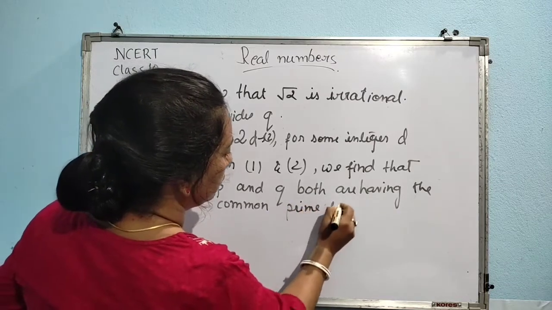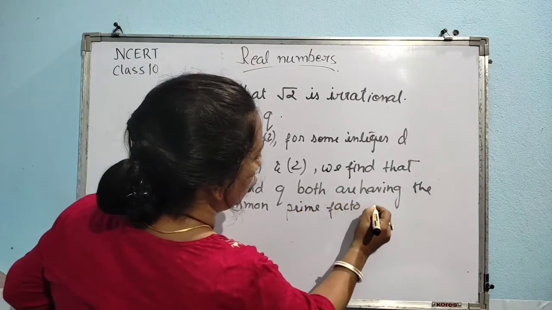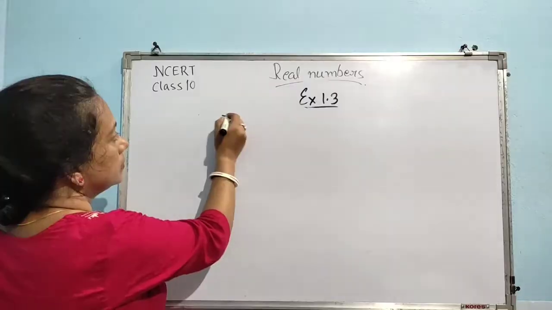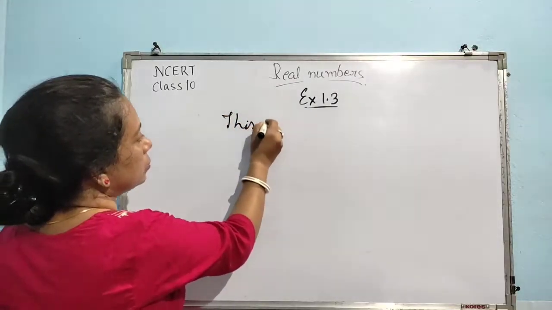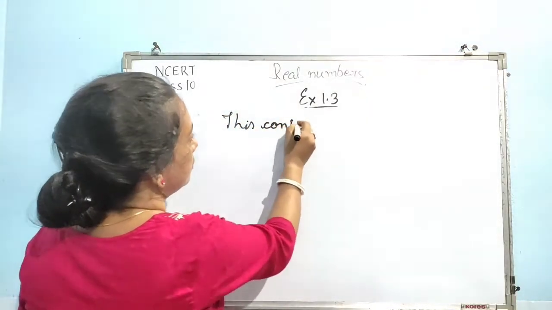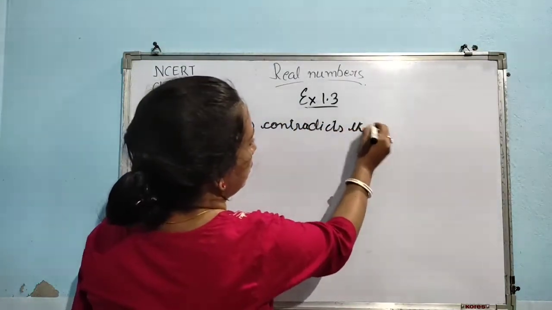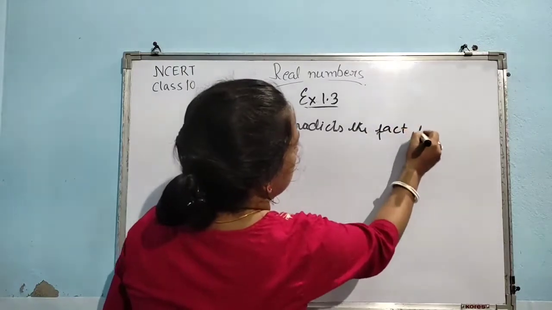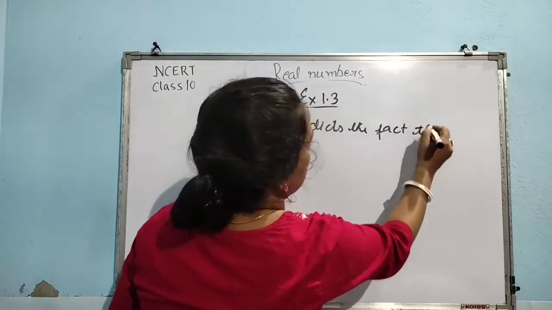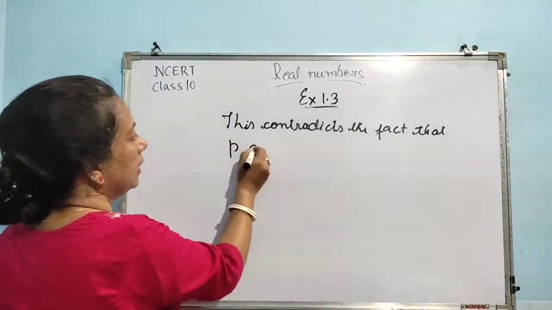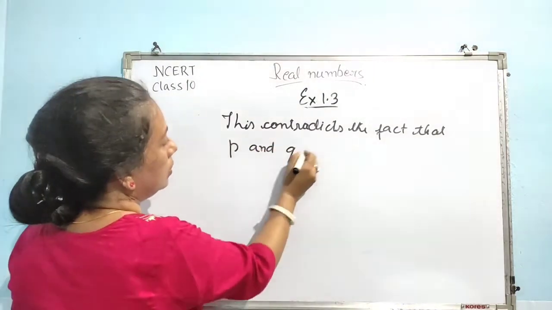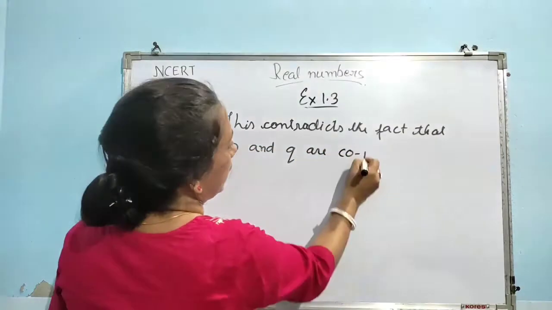Common prime factor 2. So this contradicts the fact that P and Q are co-prime.